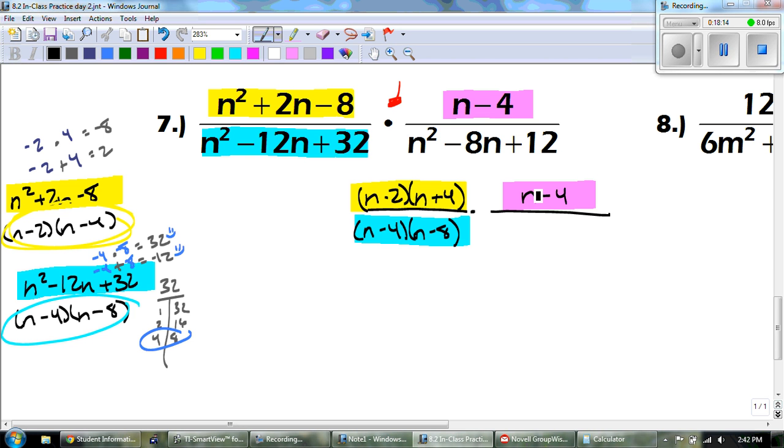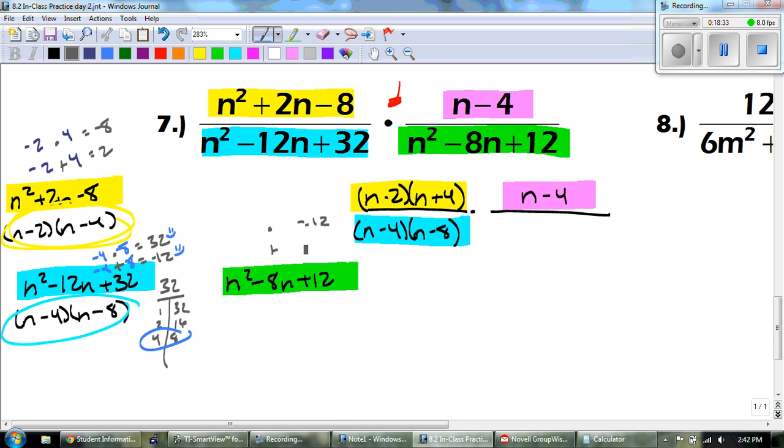All right, and then the last one we have, the n squared minus 8n plus 12. I want numbers that multiply to get 12 and add to get negative 8. What combination works? You should have negative 2 and negative 6, and we can do the shortcut. So that's n minus 2, n minus 6.